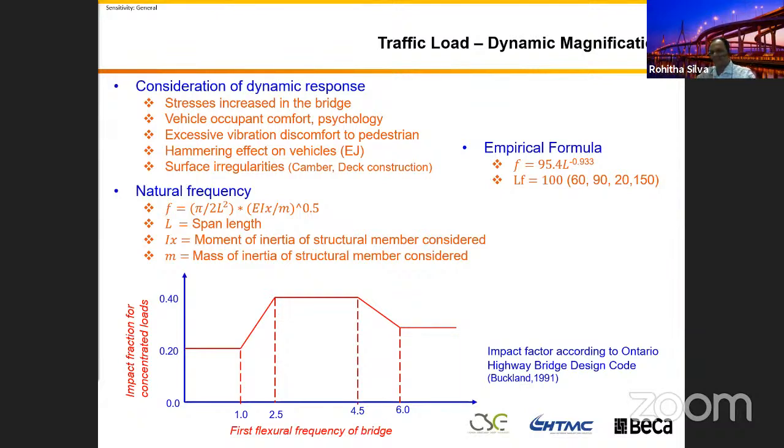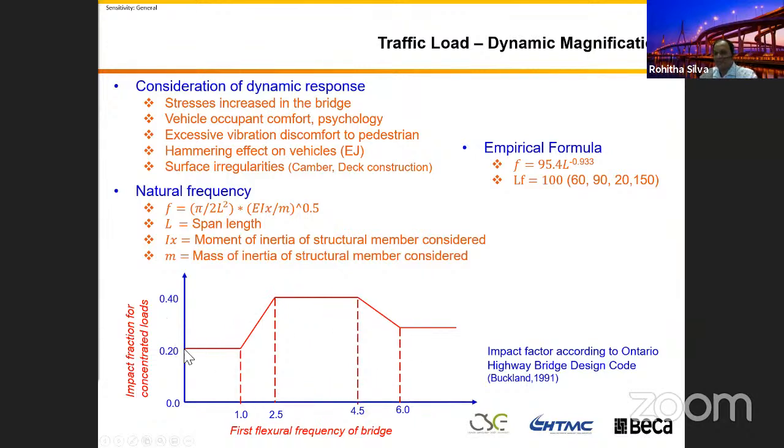The types of bridges like concrete bridges, steel bridges, orthotropic deck bridges, all these bridges. I think the researchers noticed this LF relationship goes with 100, 60, 90, 20, 150, like that. So doing all this research, I think the Ontario Highway Bridge Design Code in Canada came up with the natural frequency again, the dynamic magnification, how much we're going to use in the bridge.